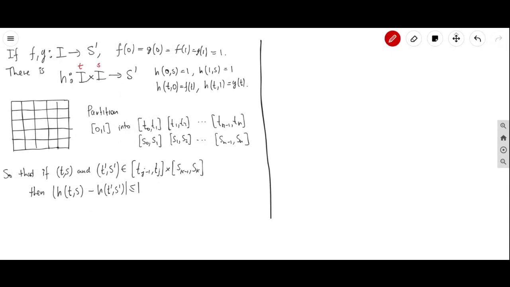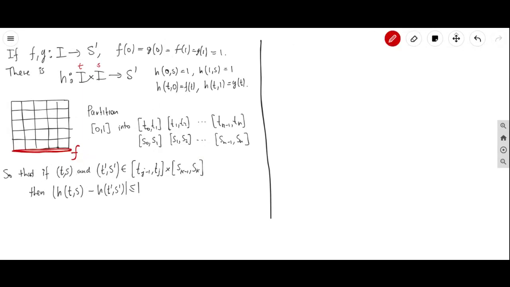Now, to fill in this picture, I think this will help you see what's going on. This bottom row of the square is supposed to represent f. Because how do you get the bottom row of the square? You set s, which is the vertical axis, equal to 0. So when you set s equal to 0, you recover f of t.